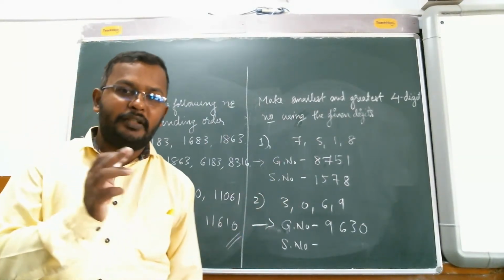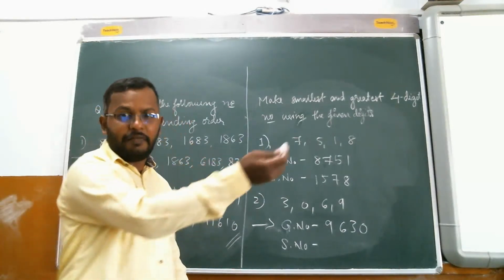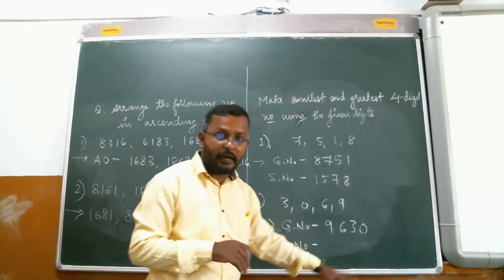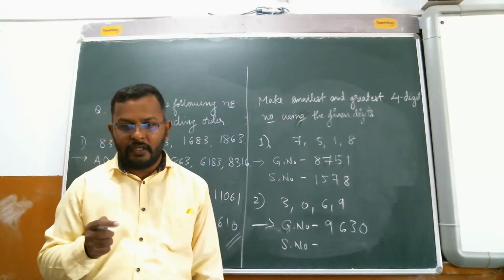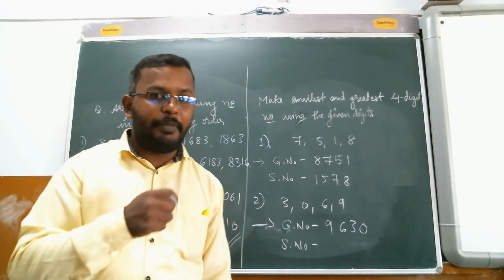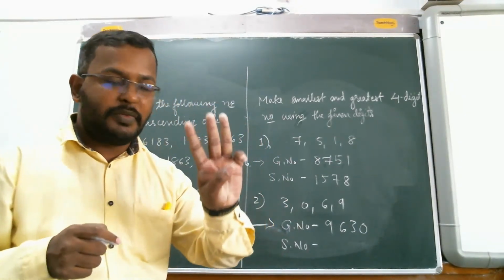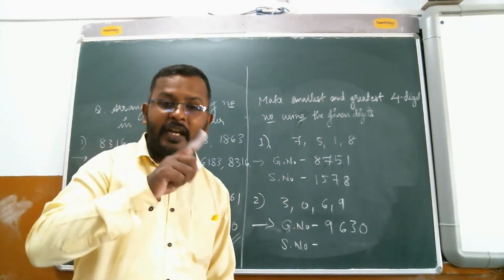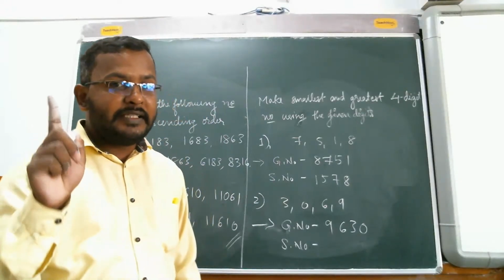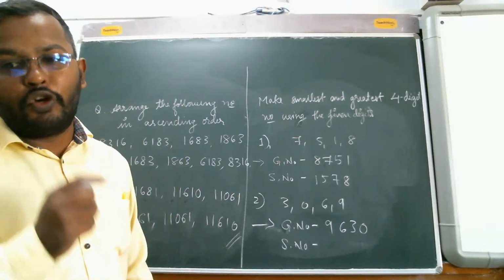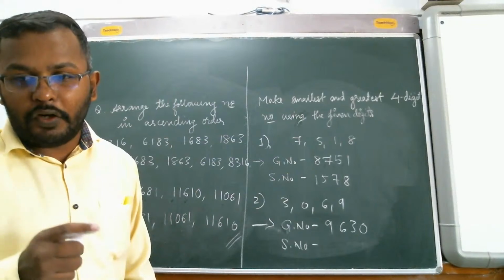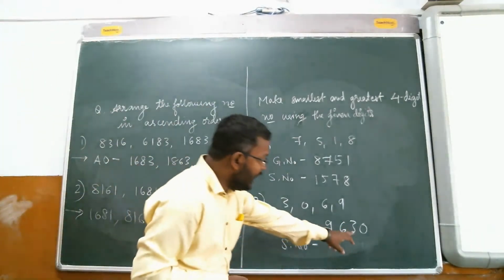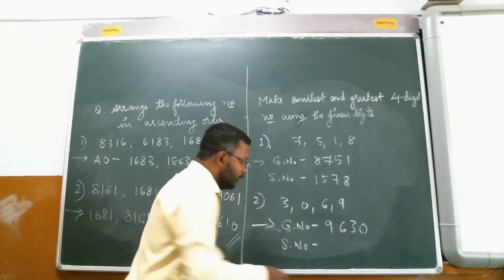And if you want to write the smallest number, can I take it from last number 0? Can I start with 0? No. If you are starting with 0, what will happen? It will become 3-digit number. What you will get? 369. 369 is a 3-digit number, not 4-digit number. So that's why what you have to do here, we have to start with the next number after 0.